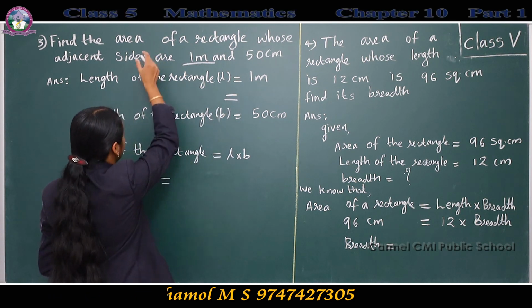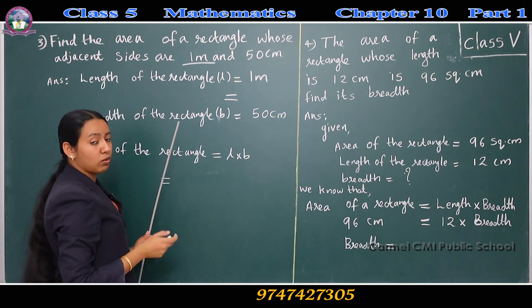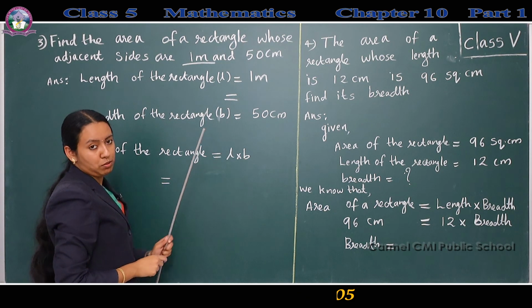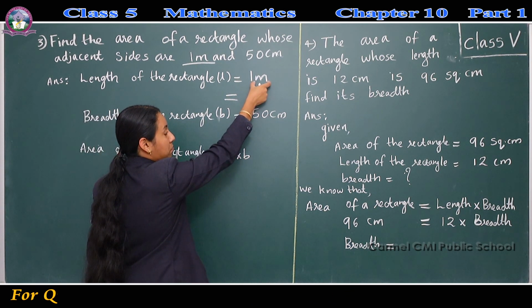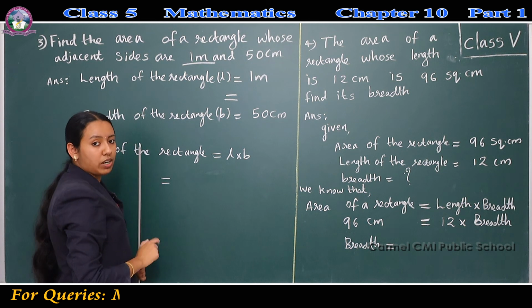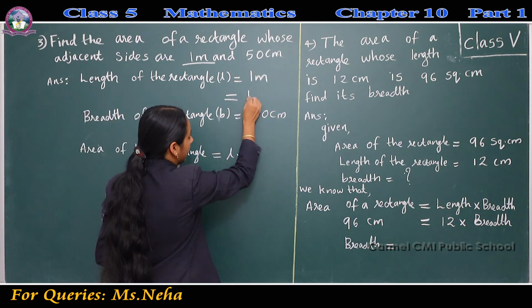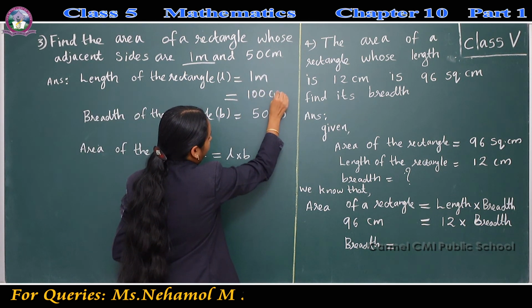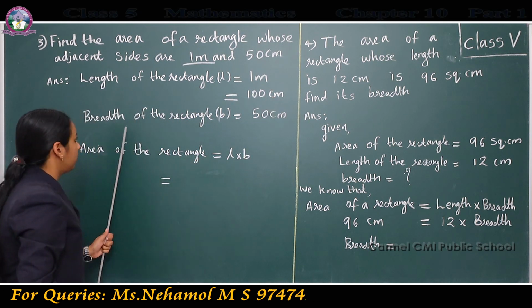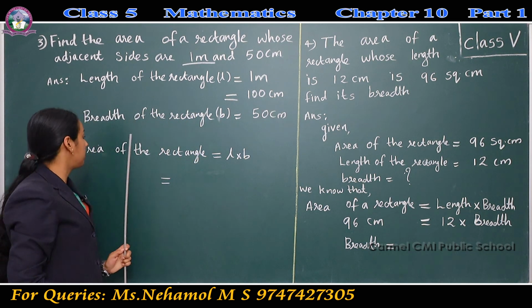For finding area, all dimensions should be in the same unit. So we have to convert this 1 meter to centimeter. 1 meter is equal to 100 centimeter. Then breadth of the rectangle is 50 centimeter.